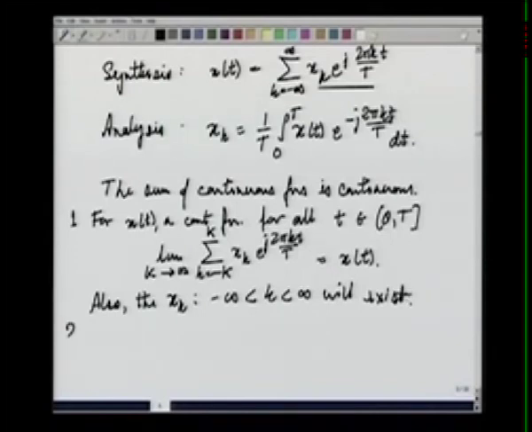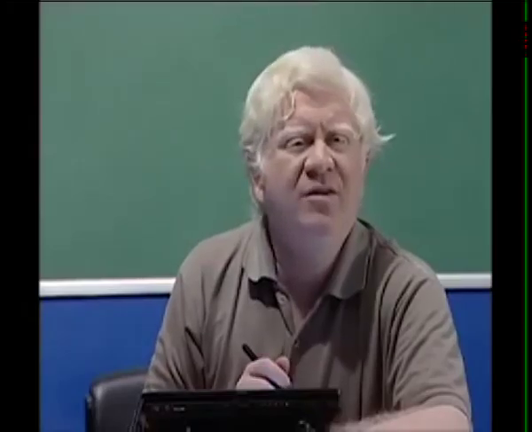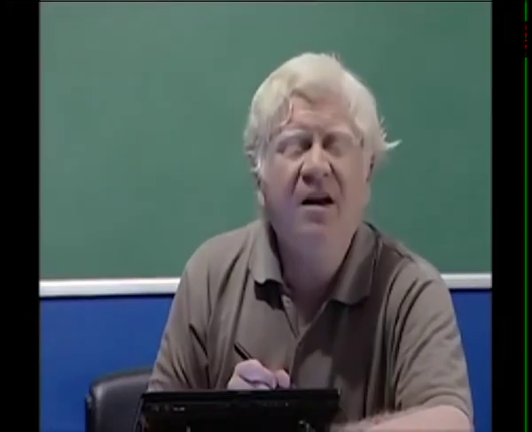Second, we take up the discussion of when these X_k's will exist. What is the necessary condition to be satisfied for the X_k's to exist? The necessary condition is the following.